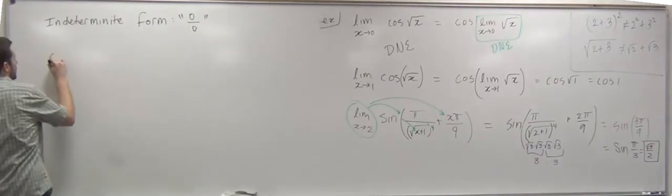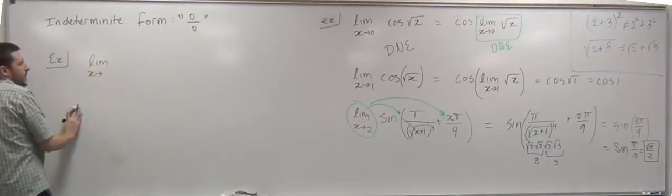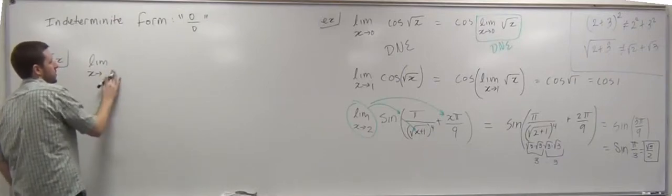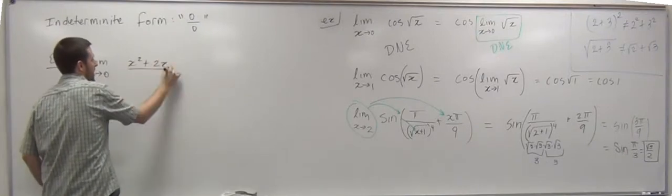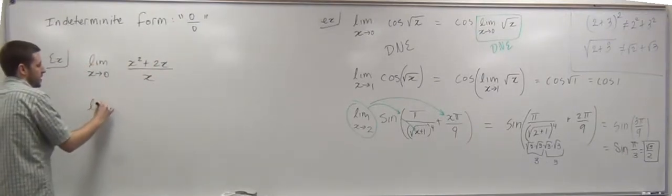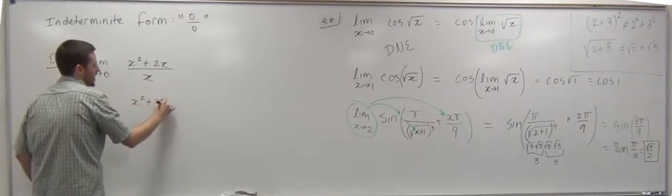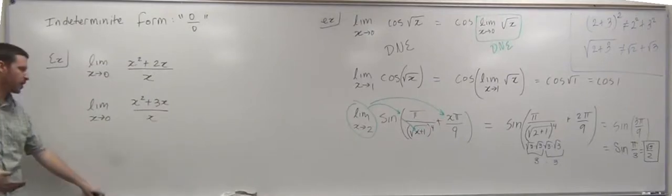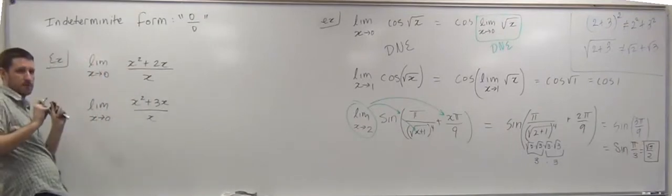Okay? Right, so for example, if I give you the limit as x goes to 0 of x squared plus 2x over x versus the limit as x goes to 0 of x squared plus 3x over x. If you try to directly plug in 0, you get an indeterminate form.